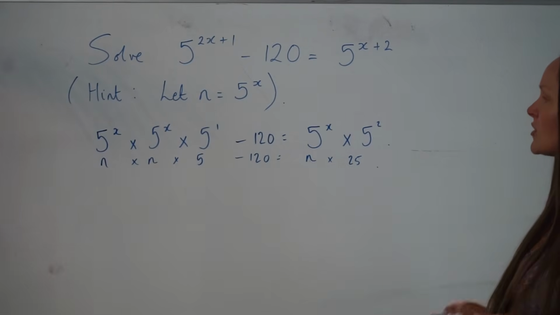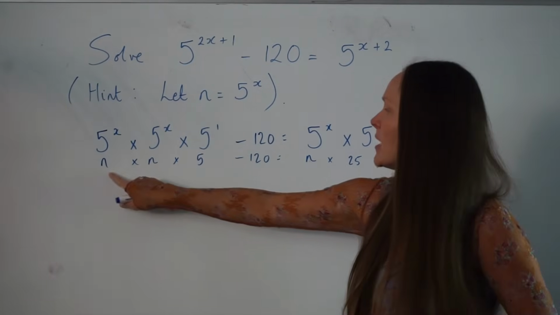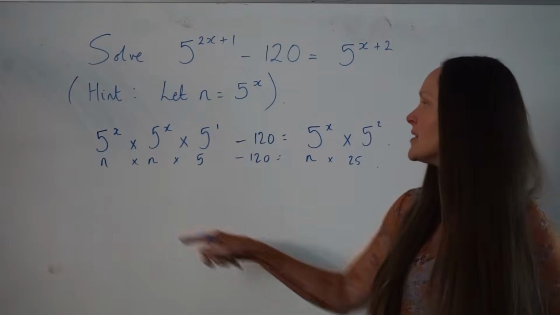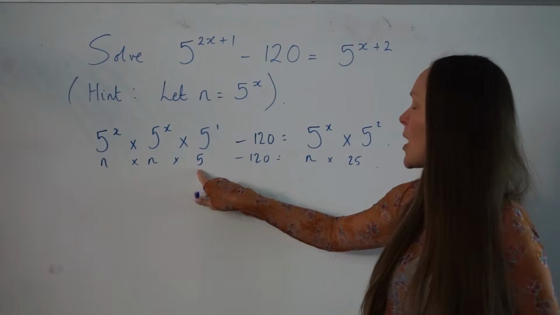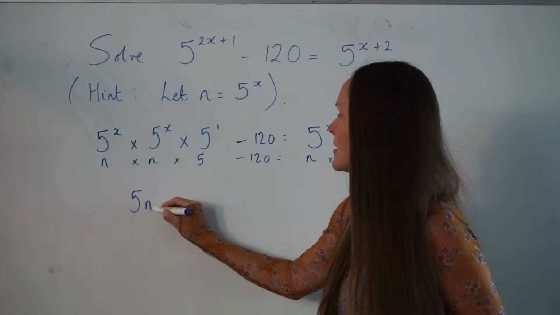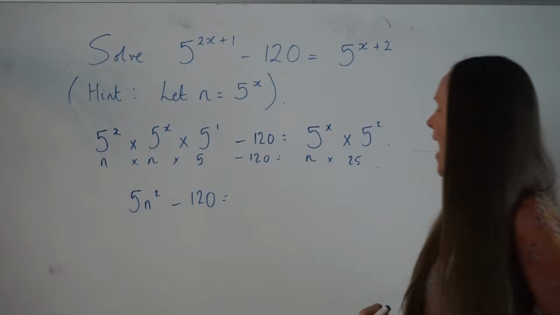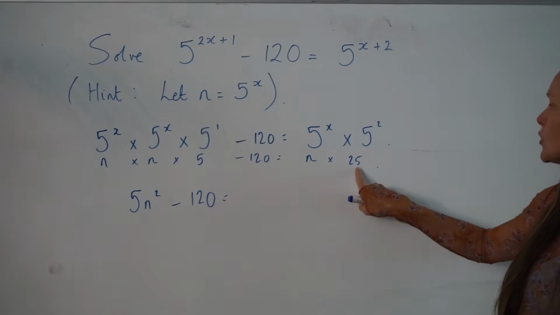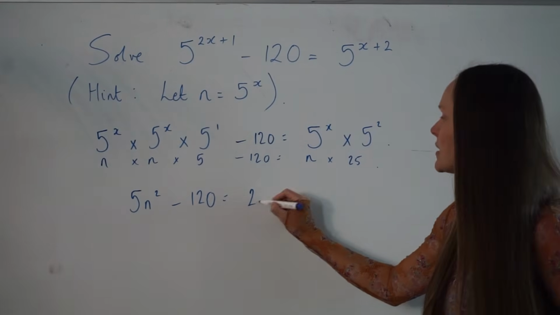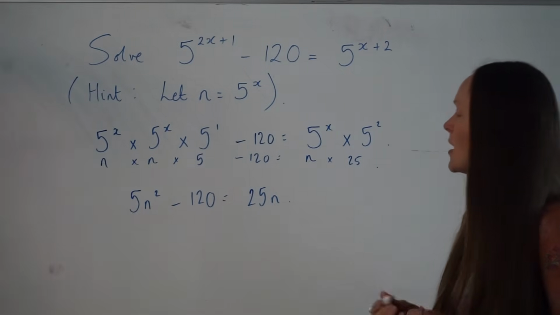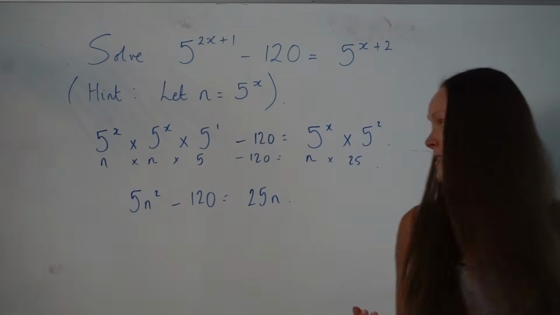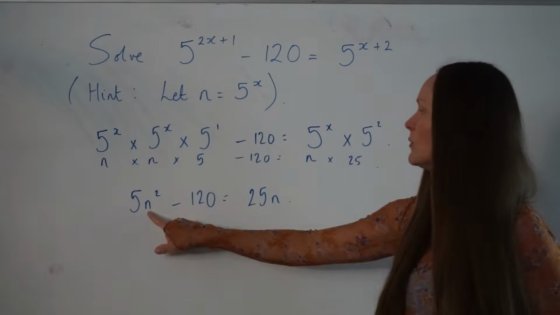Now if I tidy this up a little bit, n multiplied by n is n squared, so n squared multiplied by 5 is 5n squared. Here we still have minus 120, and this is equal to n multiplied by 25, which can be rewritten as 25n. So we're solving a quadratic equation for n.